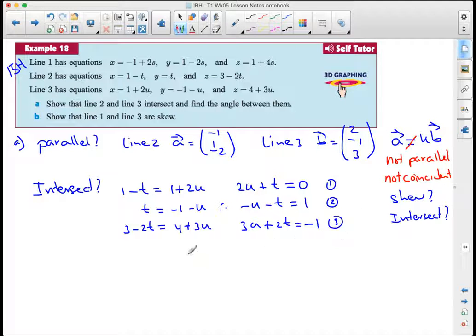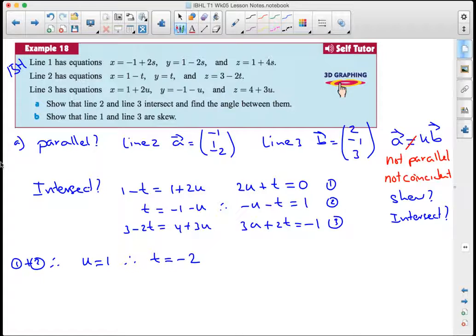We could easily find u by adding up number 1 and number 2. That would say 2u take away u, that's u. t plus -t is 0. 0 plus 1 is 1. If we plug that value in here, -1 goes to the other side, t equals -2.